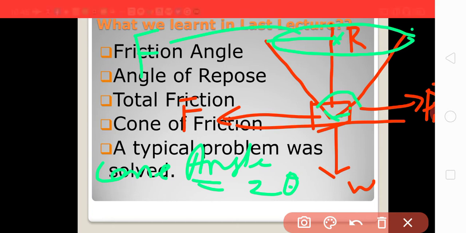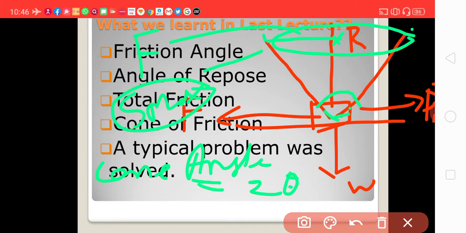Now, why is this concept important? We will talk about this. For impending condition, this S will be maximum. Total reaction will be maximum. Now, this S will depend upon normal reaction and coefficient of friction.